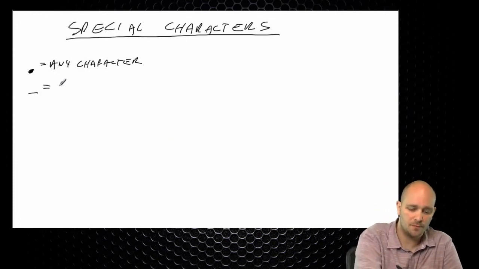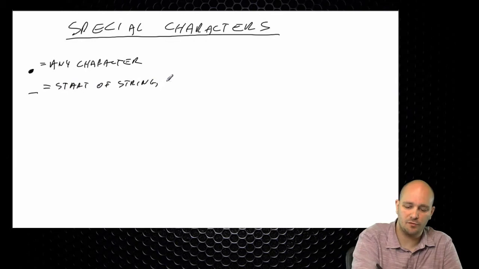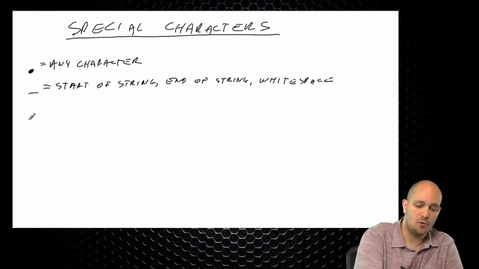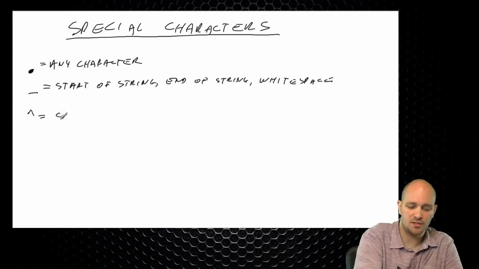Underscore will match start of line or start of string, end of string, or white space. Caret matches start of string, dollar matches end of string.